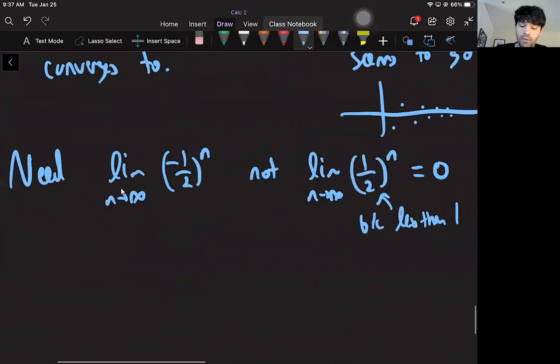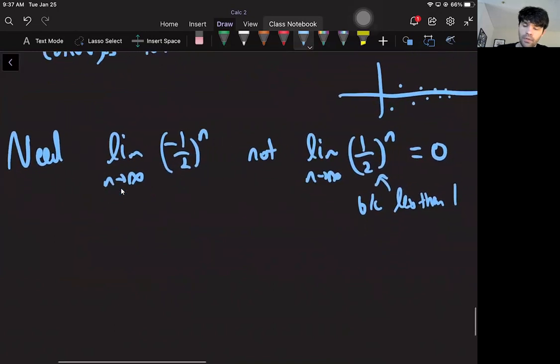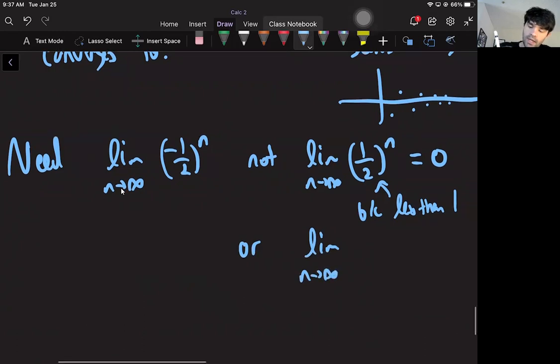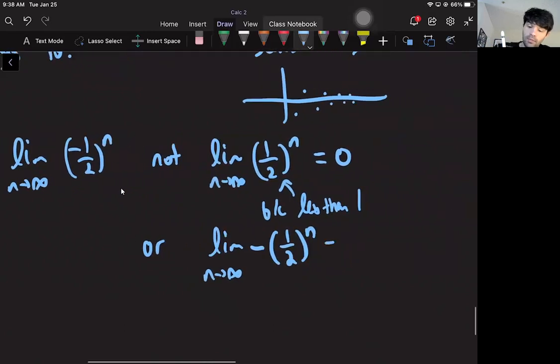But this gives us a hint at what we could do. So I do know what that does, and I also know what this does. If I just get that negative on the outside somehow, then it's going to work exactly the same.